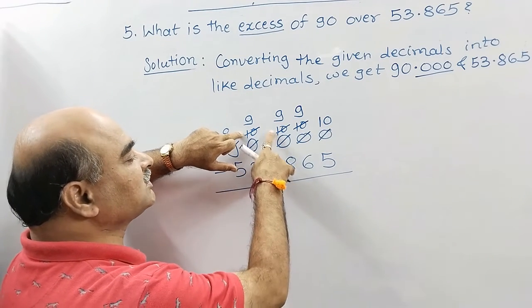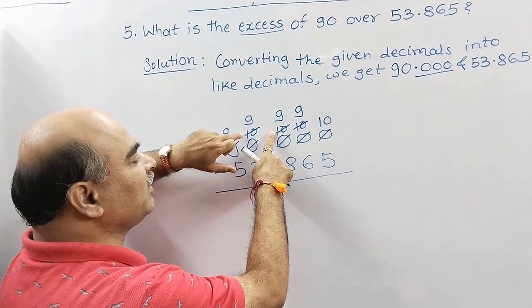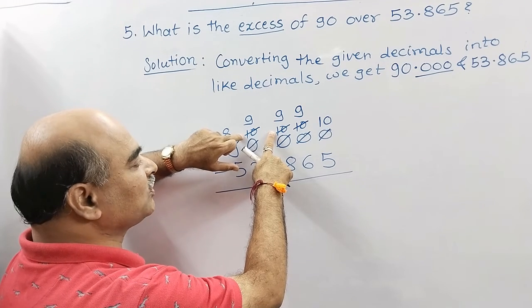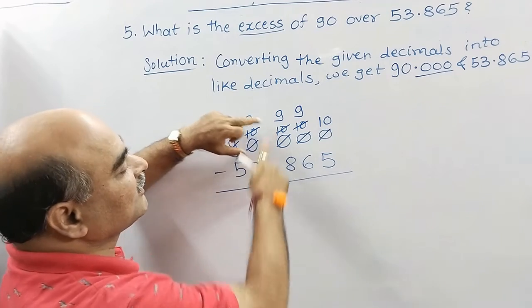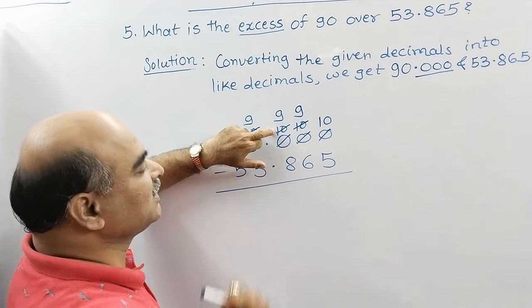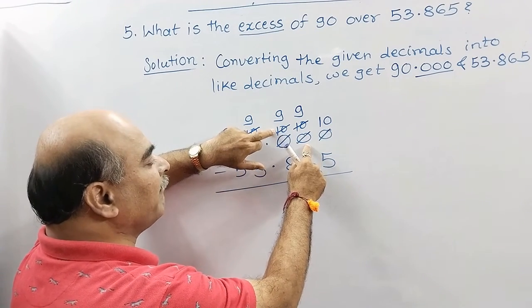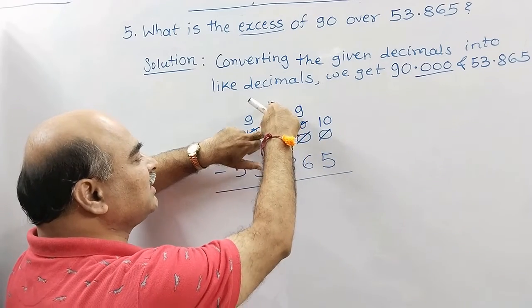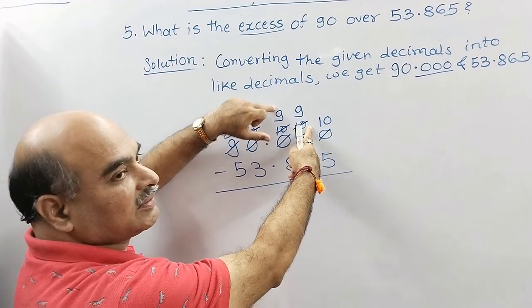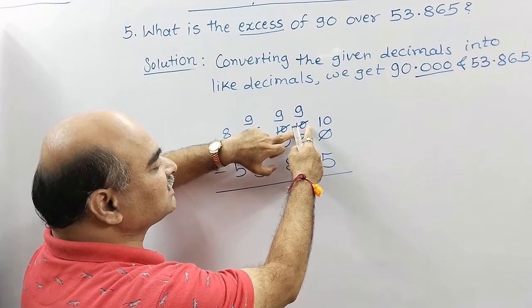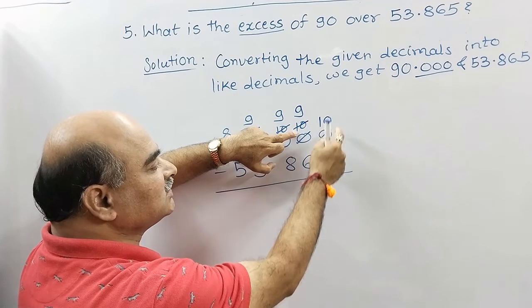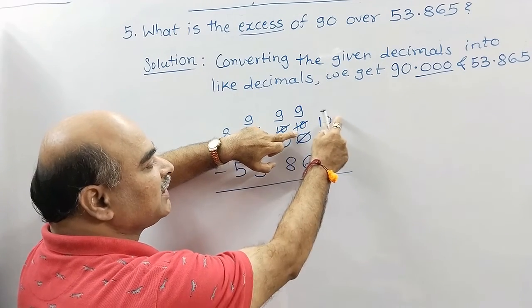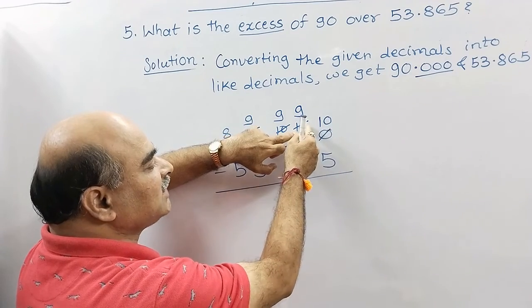Now this 0 becomes 10 by borrowing 1 from this 10, so that 10 becomes 9. Again this 0 borrows 1 from the next 10, which becomes 9. And again from this 10, 1 is given to this 0 for becoming 10, but this 10 becomes 9.